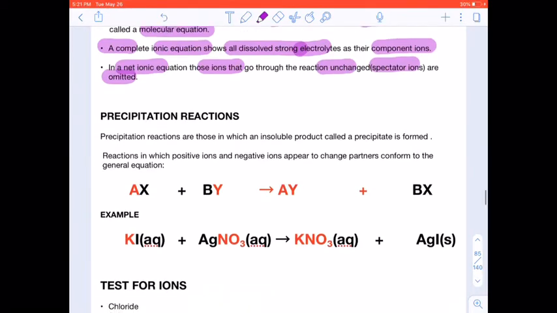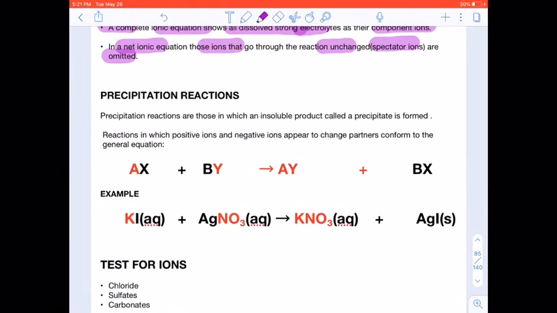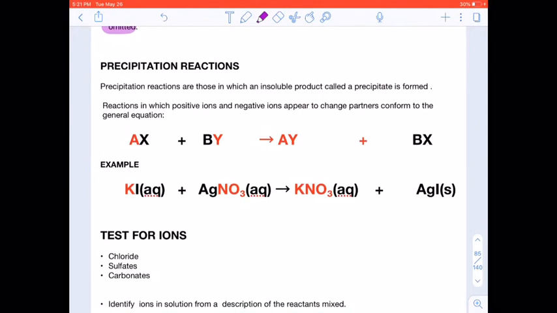All right. So now let's look at precipitation reactions. A precipitation reaction is one in which an insoluble product called a precipitate is formed. Reactions in which positive ions and negative ions appear to change partners conform to this general equation.